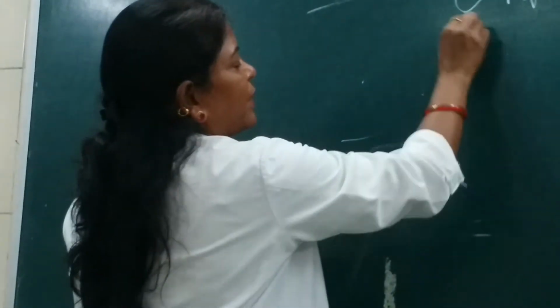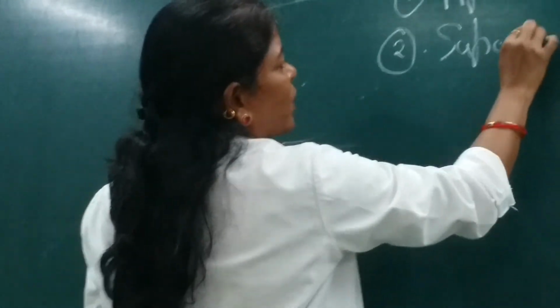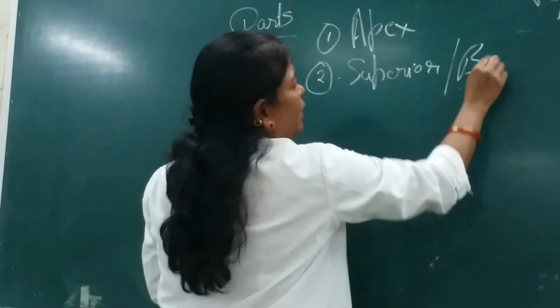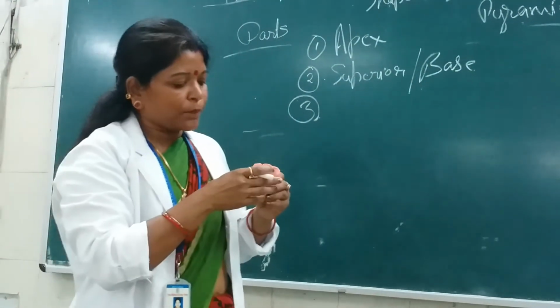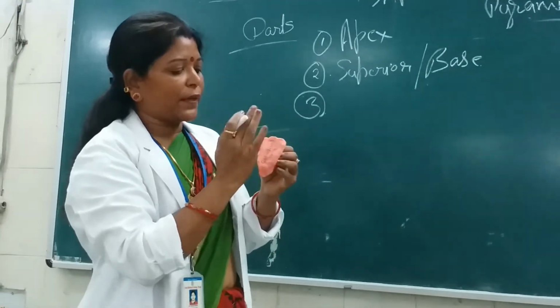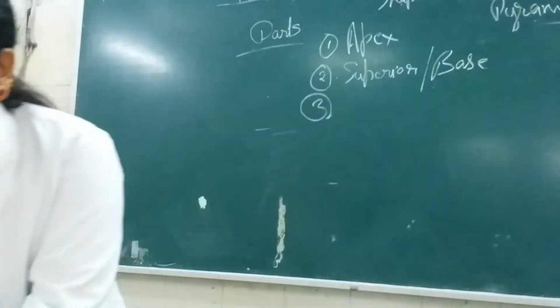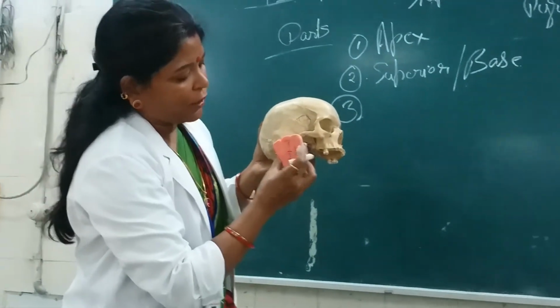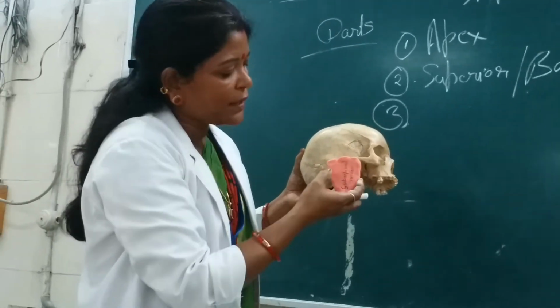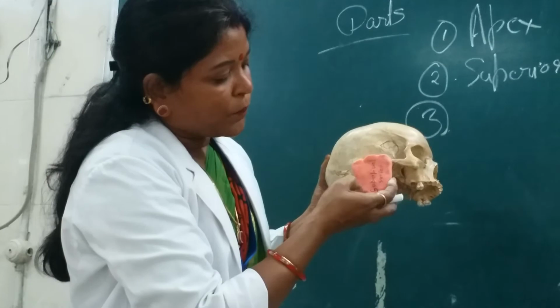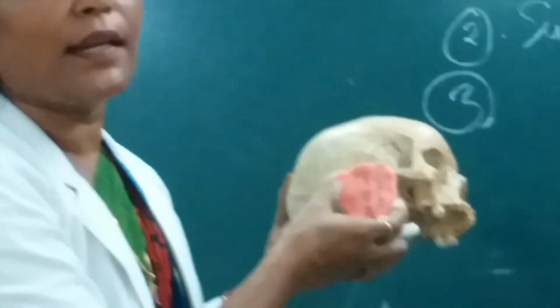Look here, just opposite to the apex is the base, which is also known as the superior surface of the parotid gland. Superior surface, or you can say the base of the parotid gland. Then what are the other surfaces? On the surface, you see the part of the parotid gland lying just below the skin that we can see here, that is the superficial surface or the lateral surface.